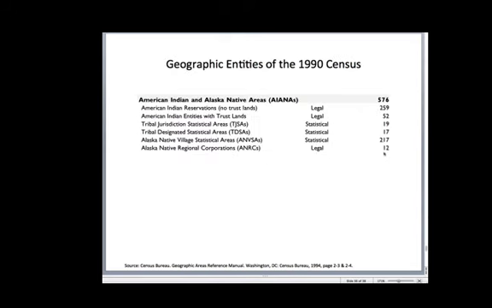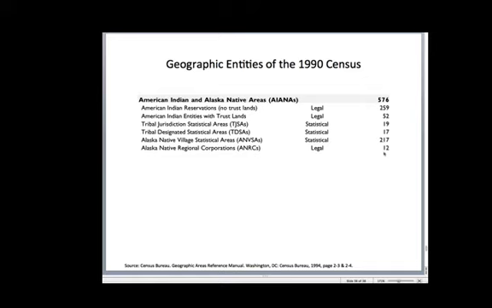Finally, there are a few additional entities that were defined in the 1990 census that relate to American Indians and Alaska Natives, and these are listed here. There are American Indian reservations, for example, that have a legal definition, as well as American Indian land trusts.